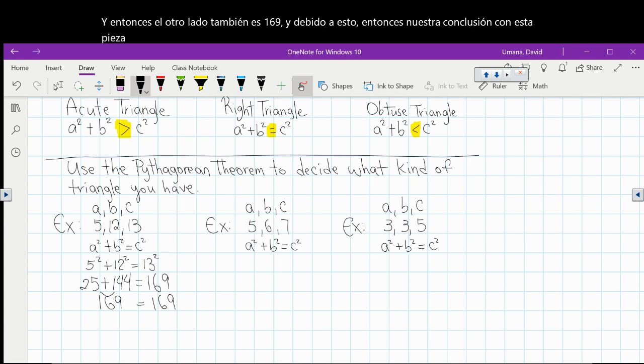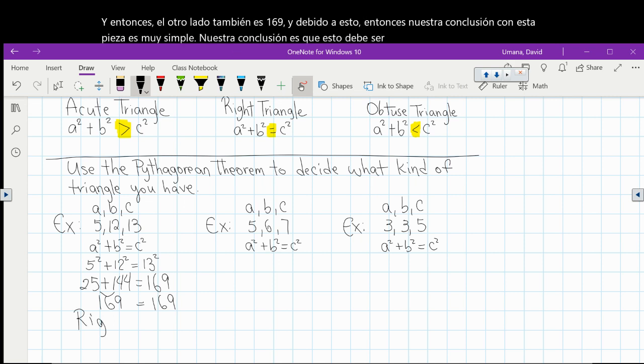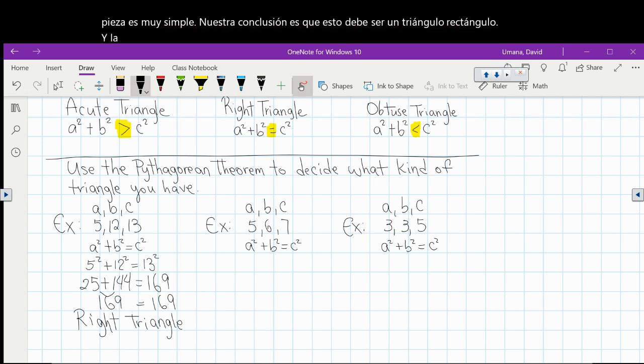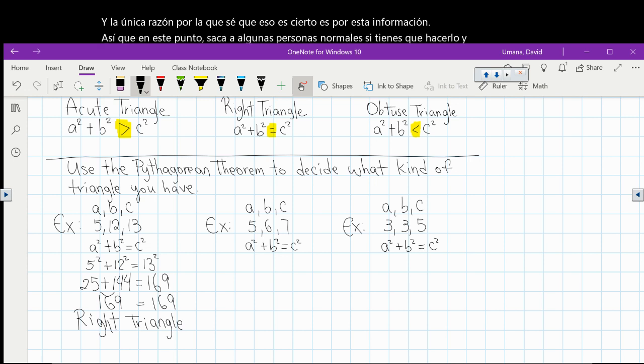Our conclusion is that this must be a right triangle. And the only reason I know that's true is because of this information. Right? So at this point, take out some regular paper if you have to, and copy the information down.